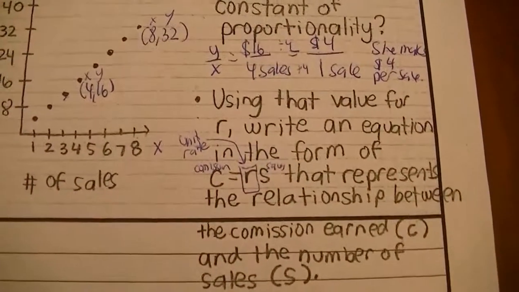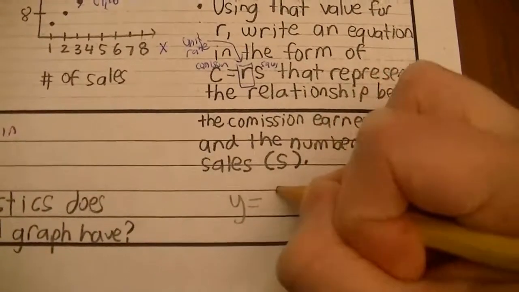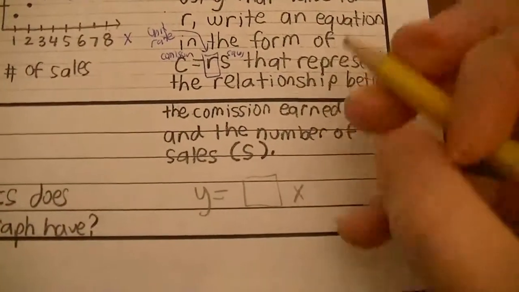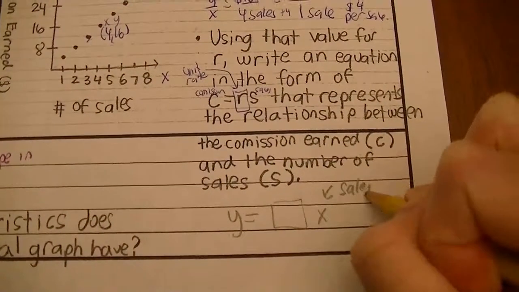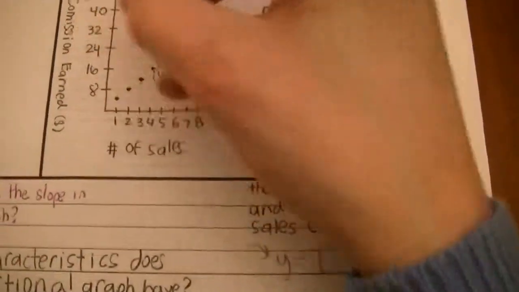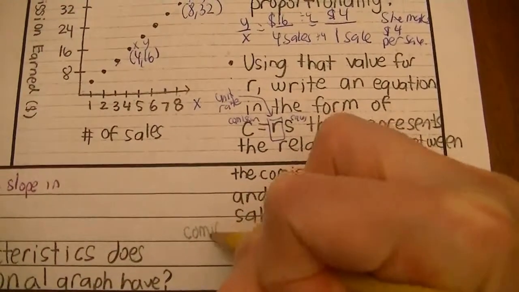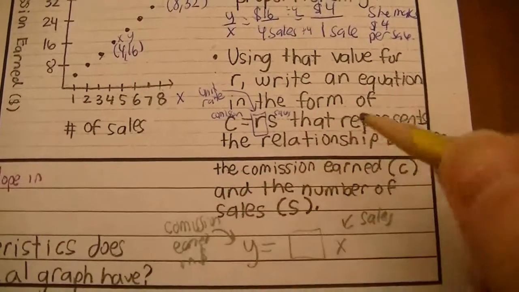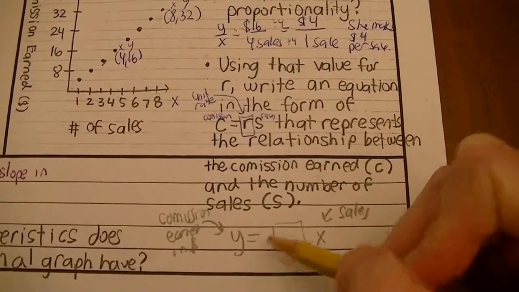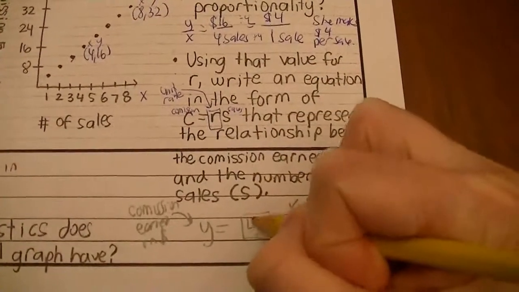Okay, so what I've taught you in the past is you go y equals unit rate times x. X stood for sales. Y stood for commission earned, or money. Commission earned in dollars. And right here would be the unit rate. So our unit rate was 4.